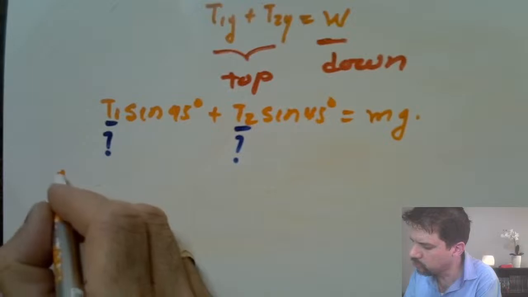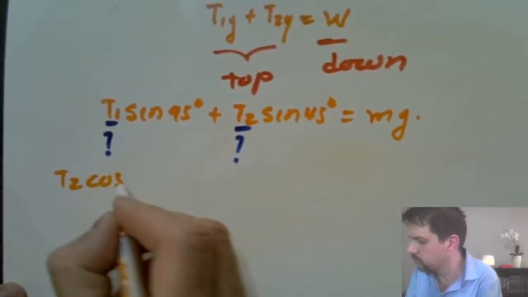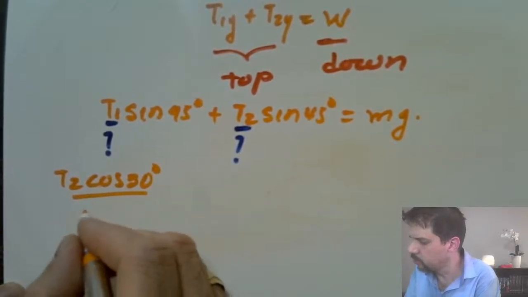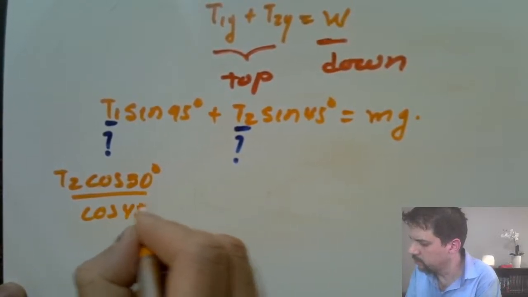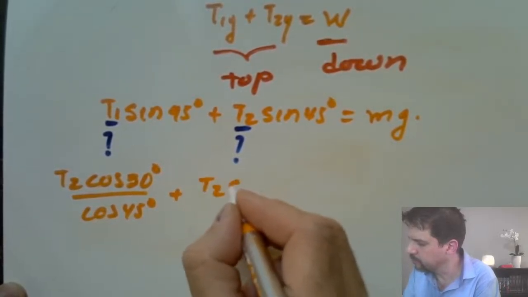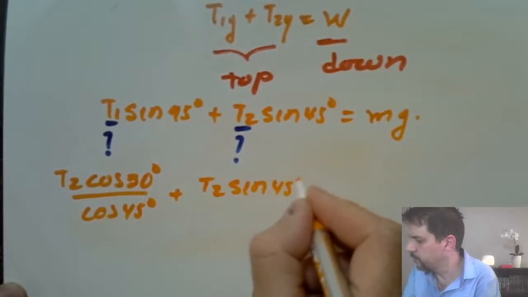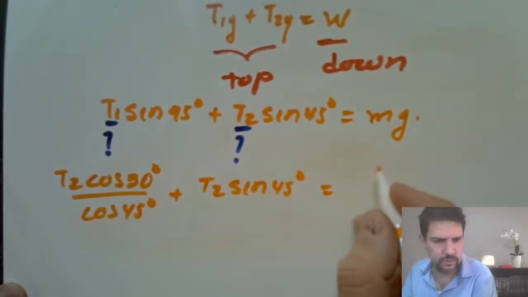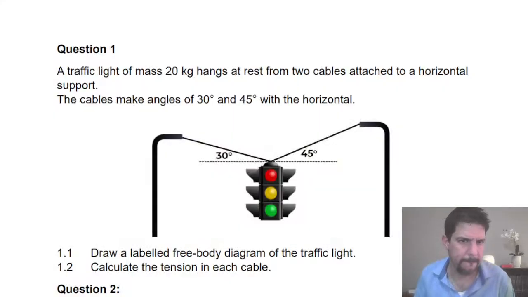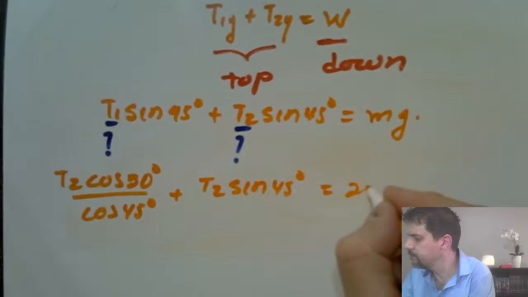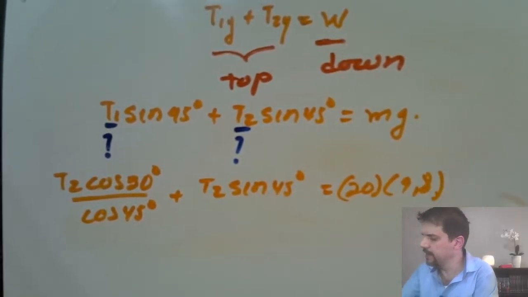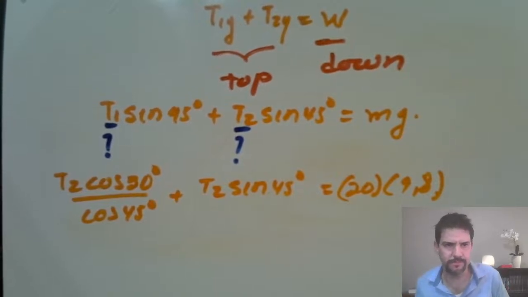T1 is T2 cos 30 degrees divided by cos 45 degrees, plus T2 sine 45 degrees, equal to the mass, which is 20, I believe. It's 20 multiplied by 9.8.